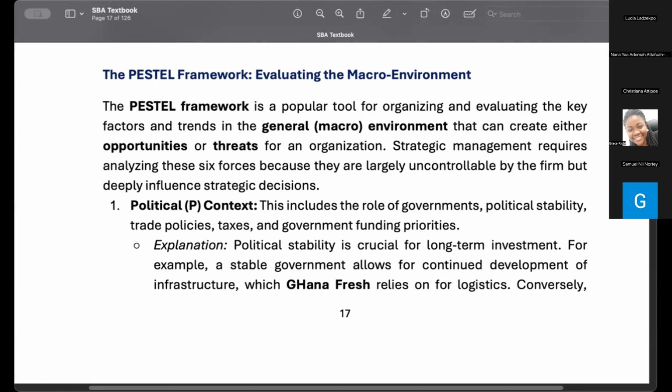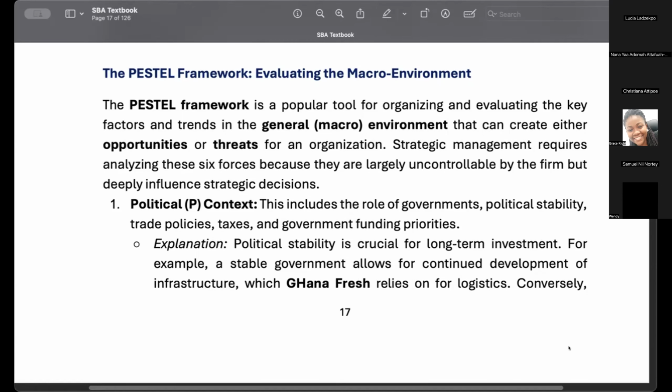When there's political instability, it also affects how companies will operate. So if you talk about GH Fresh, it relies on certain policies that government puts in the environment.